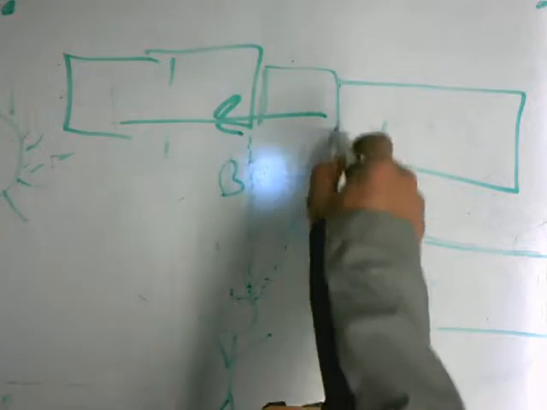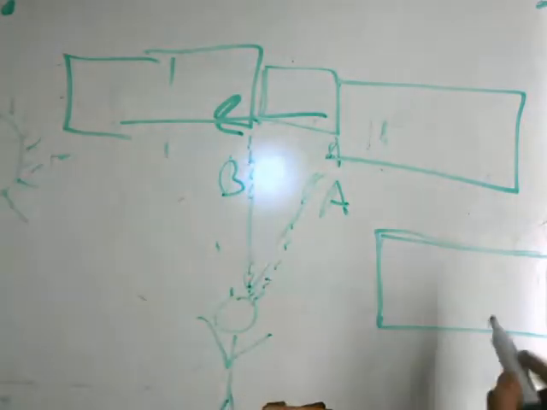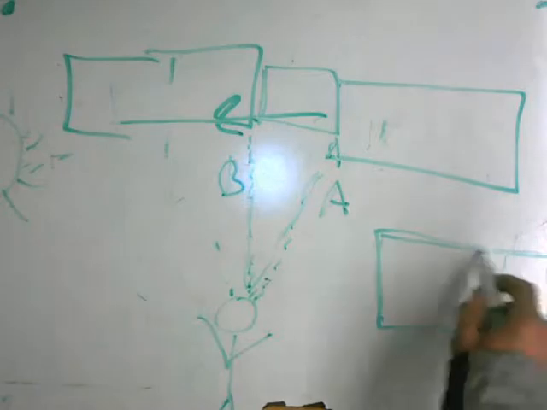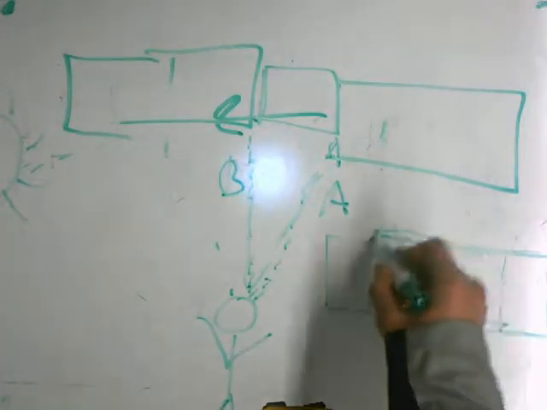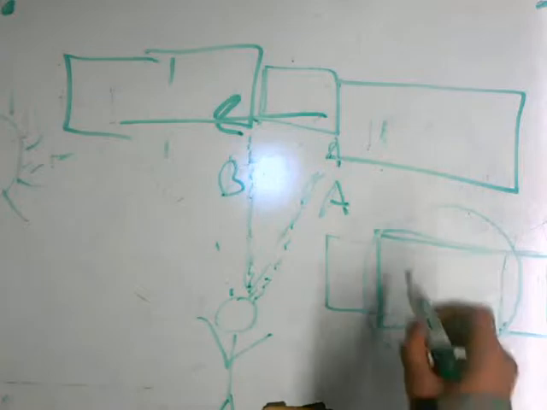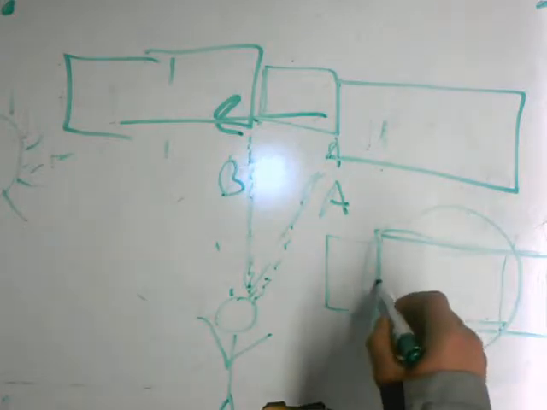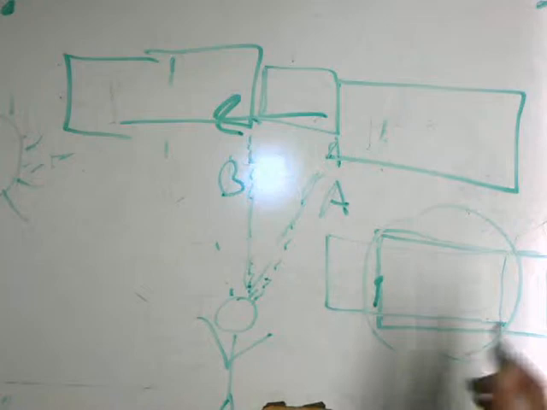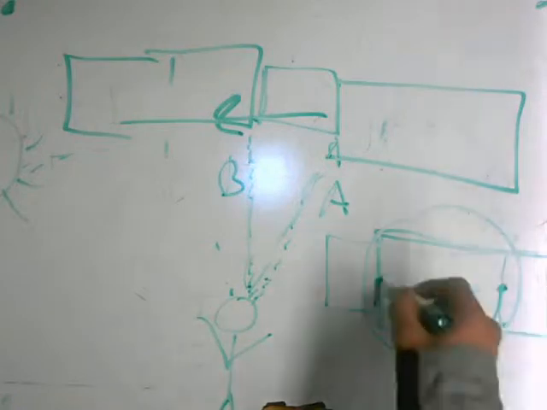So if it moved from here, say, to here, then we would be seeing this. It would only appear that long, because at first this would hit us, and then as it moved, the other light would only be able to hit us from this point on the rectangle, and so it just appears shorter.